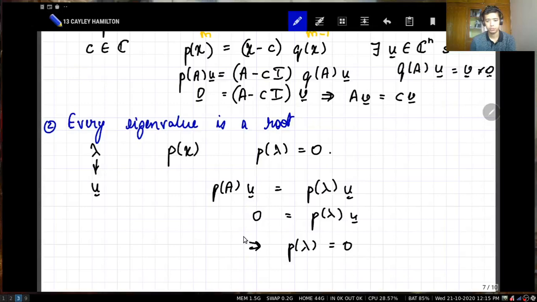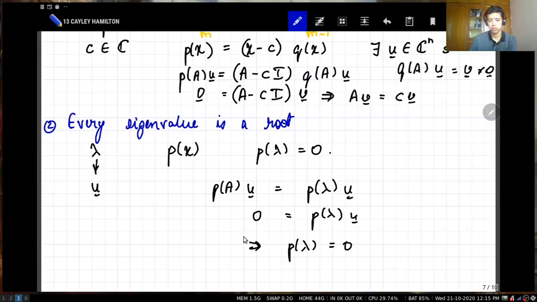Okay, so let's quickly go through this again. What did we do? We basically used the property that if P is any polynomial and u is an eigenvector with corresponding eigenvalue lambda, then P of A times u equals P of lambda times u.